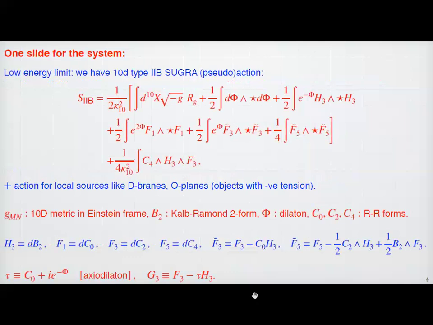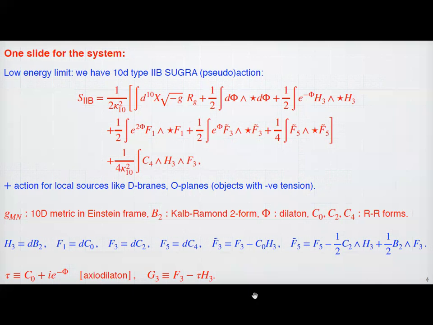Okay, so this is one slide for the system, just to show the action. In the low energy limit, you have the type IIB supergravity pseudo-action. This is good for deriving the equations of motion for the fields. The fields are the metric, the Kalb-Ramond field, the dilaton and some form fields.